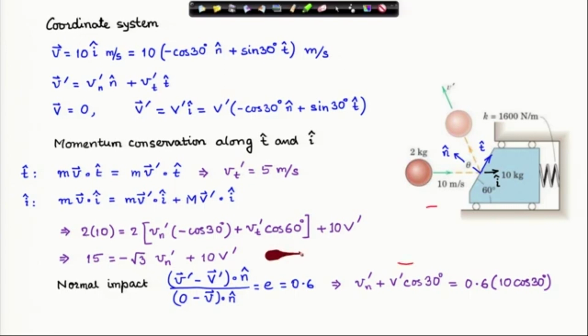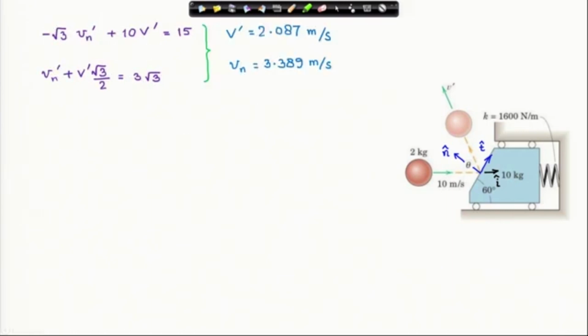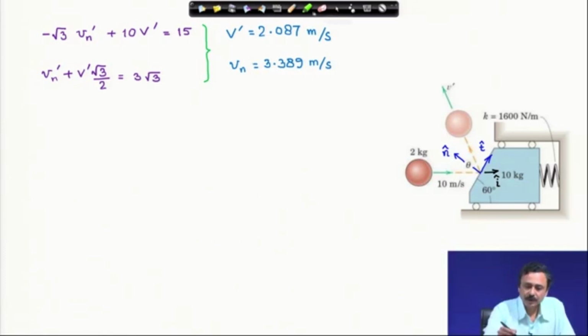So, this is our first equation and this is our second equation, which have to be solved simultaneously, and once you do that you get V prime and V n prime.